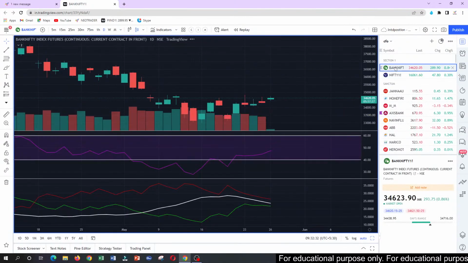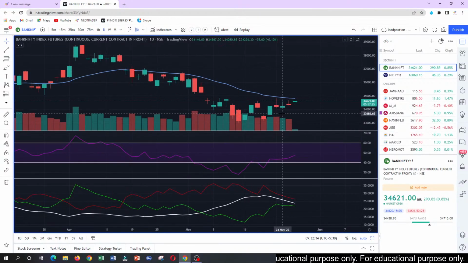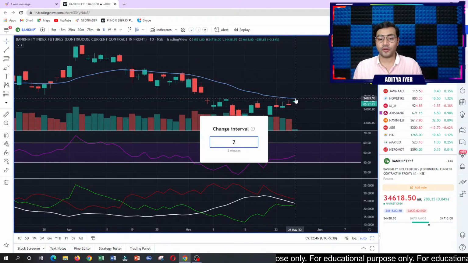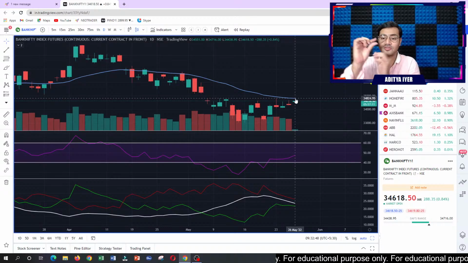If I go to the Bank Nifty, it seems slightly better off than the Nifty. But again, I can see that it is coming and touching the moving average band, and we are finding a small body over here. When we find small body candles at an important resistance point, it is a sign of caution.